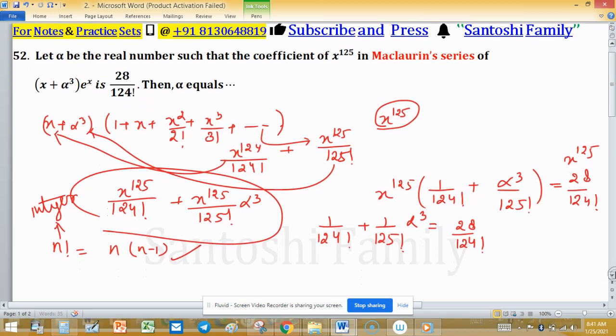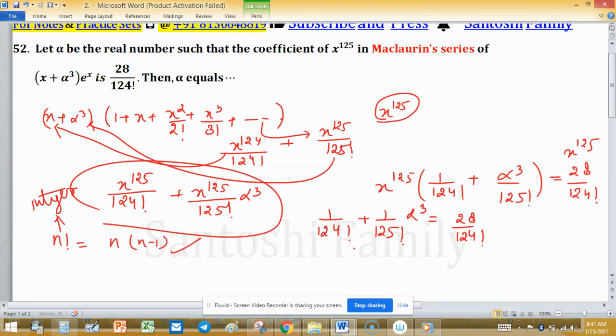So this is equal to 1 upon 124 factorial plus alpha cubed upon 125 into 124 factorial, equal to 28 upon 124 factorial.